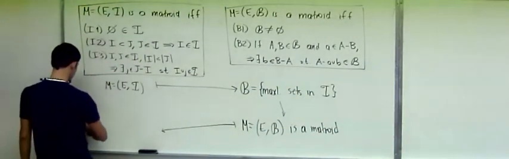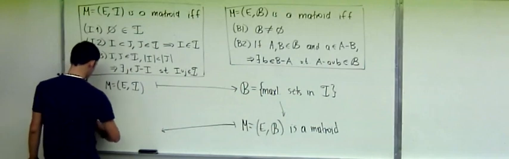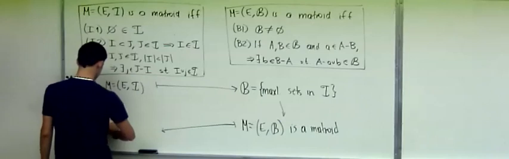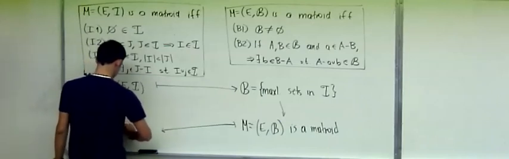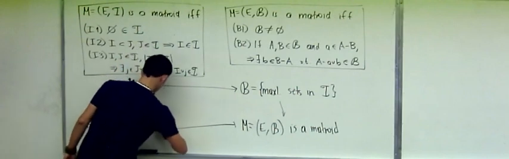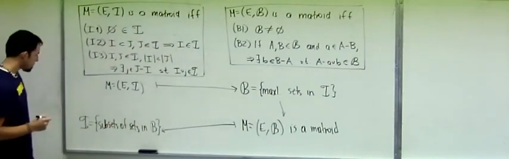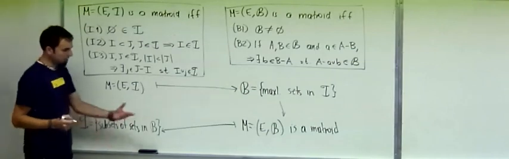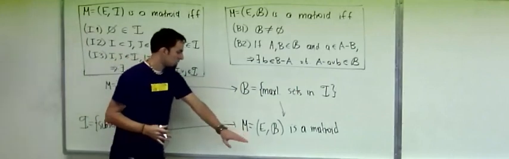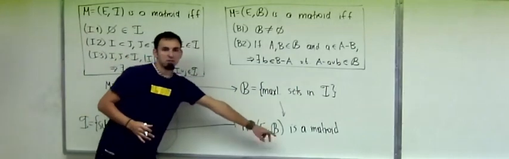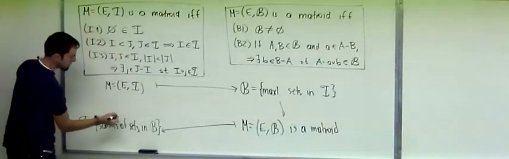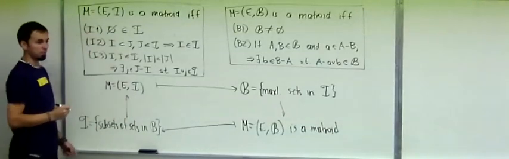You're going to tell me that the independent sets are the subsets of sets in B. And it's a fact, which, again, we're in the middle of proving, that if you start with a matroid defined in terms of bases, and you define this collection I, then this collection is going to satisfy these axioms, and so it's going to give you a matroid.